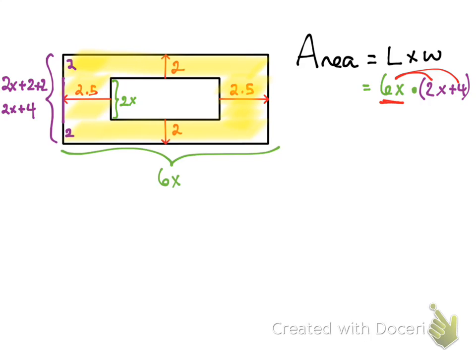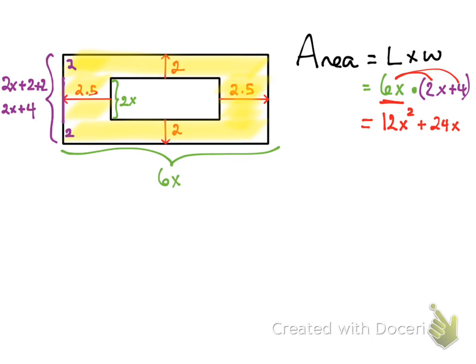So 6x times 2x gives me 12x squared, because 6 times 2 is 12 and x times x is x squared. Next, there's a plus, because there's a plus in my bracket. And then I do 6x times 4. 6 times 4 is 24. X times nothing is x. There we go. So after I finish multiplying, I get final area of 12x squared plus 24x. That's the area of the big rectangle.